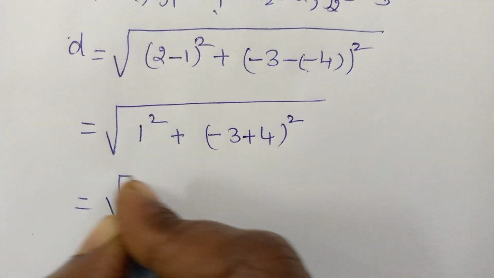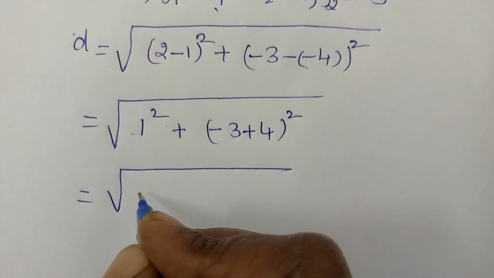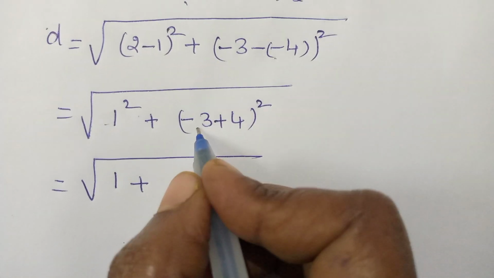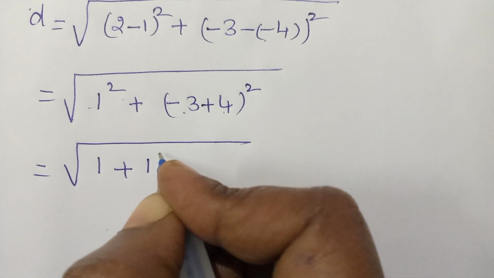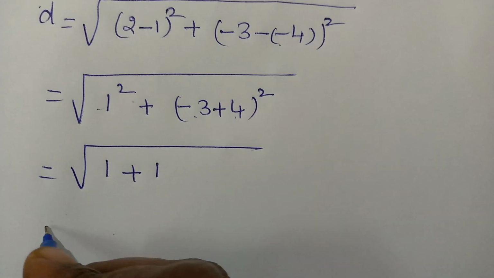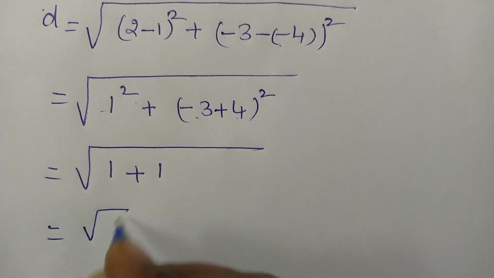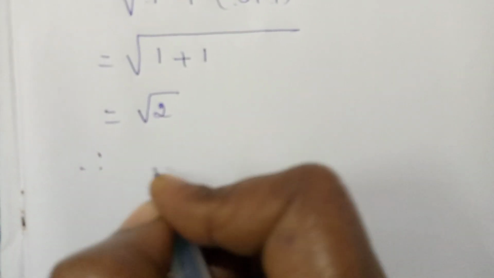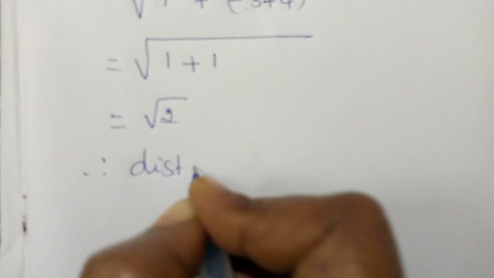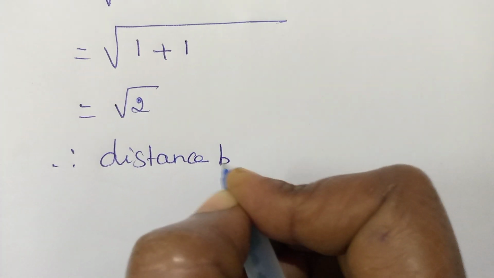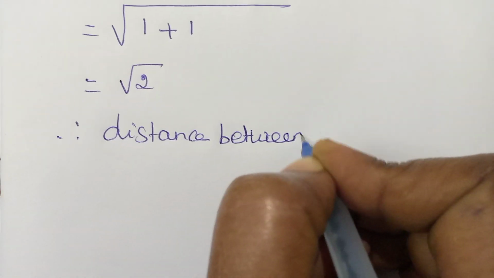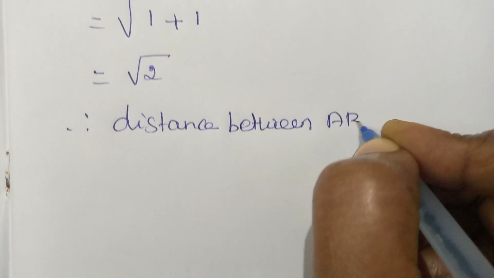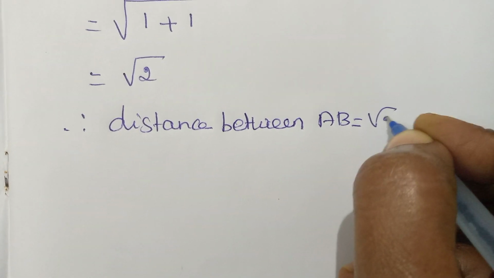That is equal to square root of 1 square is 1 plus minus 3 plus 4 is 1. Here also 1 square, that is 1, which is equal to square root of 2. Therefore, distance between AB is equal to root 2.